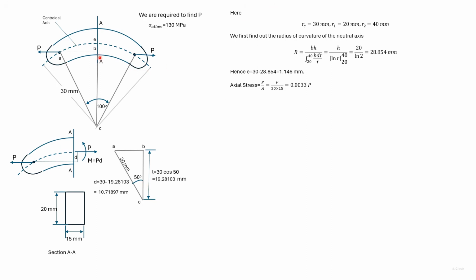So BC here is AC cos 50. BE is the same as AC. Now subtracting BC from CE, we get the distance d and therefore the moment.